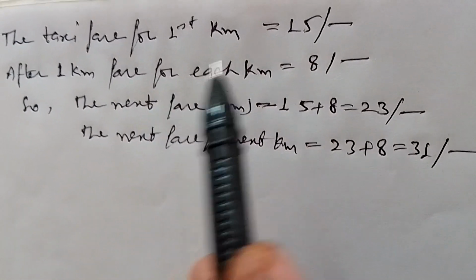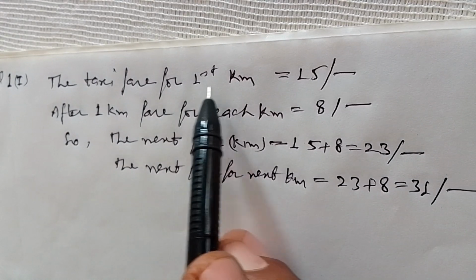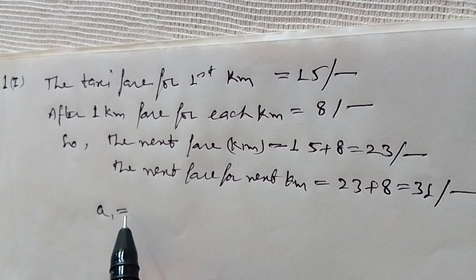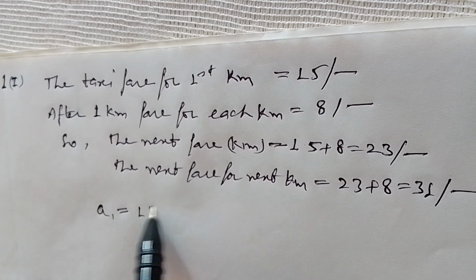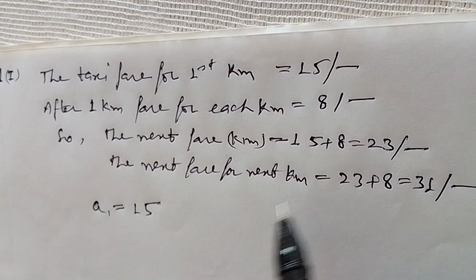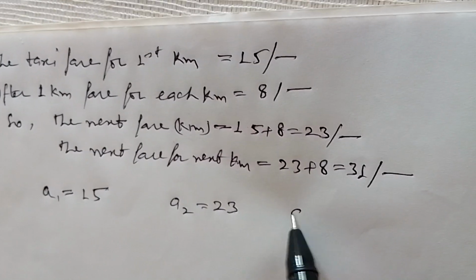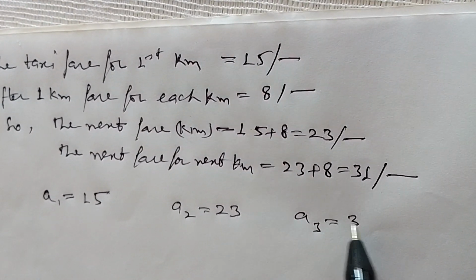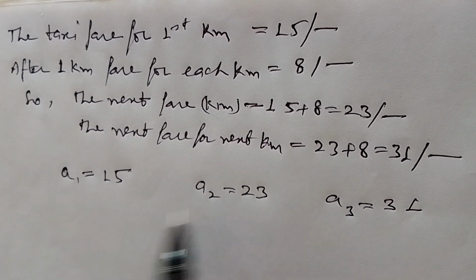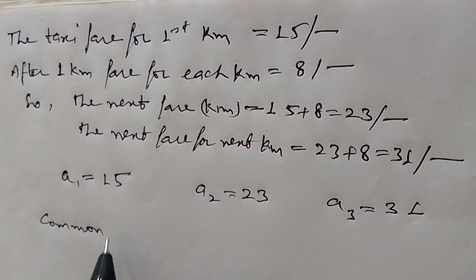So in this case, the taxi fare for the first kilometer is 15, denoted by A1, the first term, that is 15. Then the second term A2 is equal to 23. Then A3 is equal to 31. From this we can find the common difference between the terms.